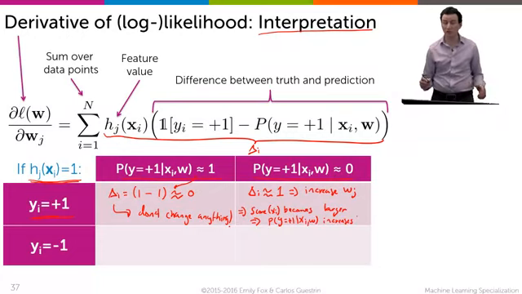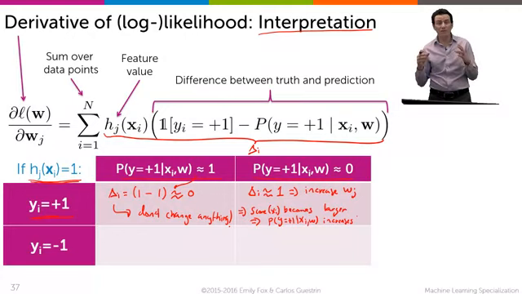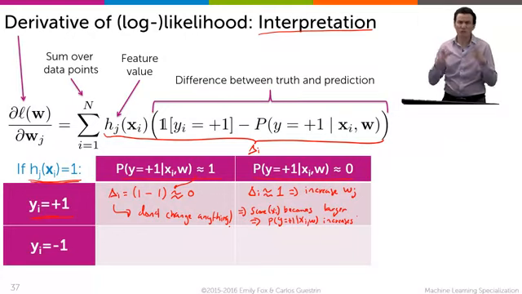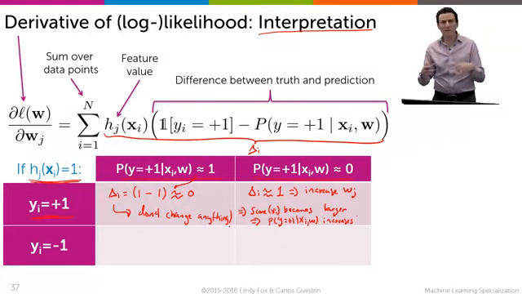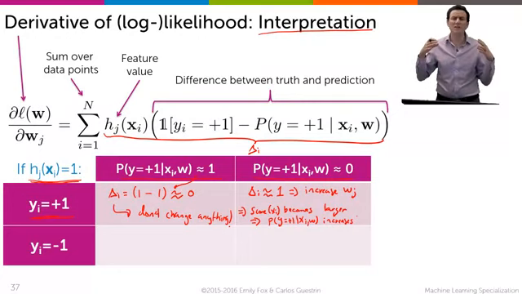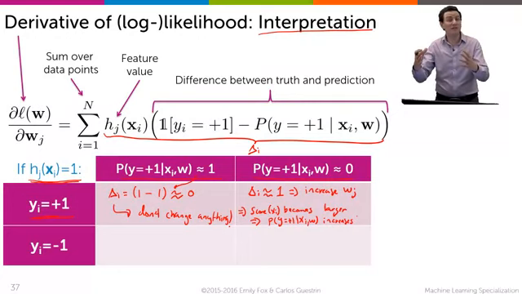But that is extremely intuitive. So if we're getting the data point really wrong, we get this positive delta I, which is going to increase my parameter, which is going to increase my score, which makes, in the next iteration, the probability that this data point is positive higher. So we're going in the right direction.